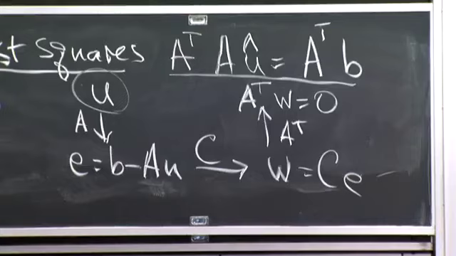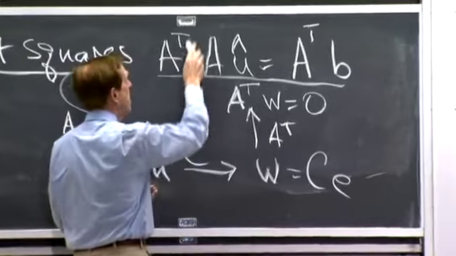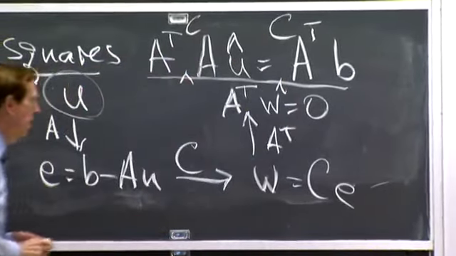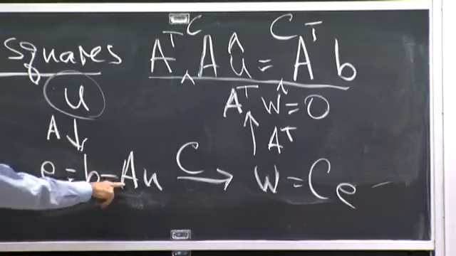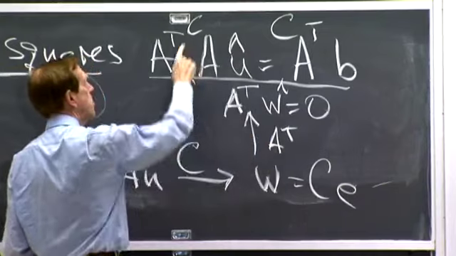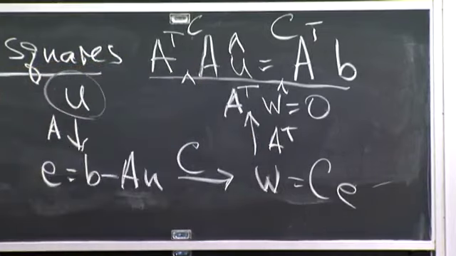So that's where I left it last time. That this was the picture. This is the equation. If I had a matrix C, it would go there and there, right? Because I'd have B minus AU, and then I'd apply C before A transpose. So C would slip in there before A transpose on both sides. So that would, with the C's there, be the weighted least squares equation.